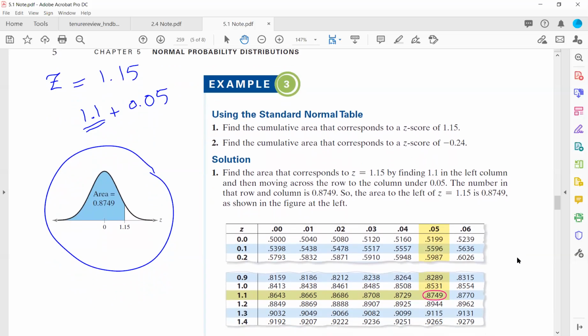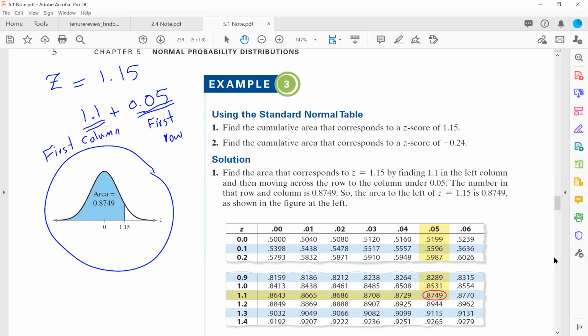First, find 1.1 on the first column. Then find 0.05 on the first row. Then the intersection between them gives you the area, the cumulative area on the left-hand side of 1.15.